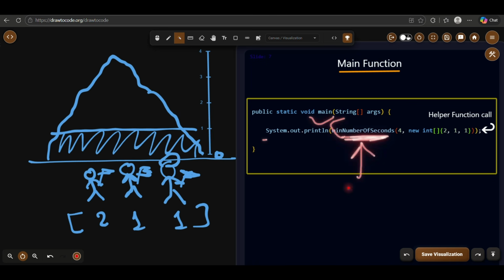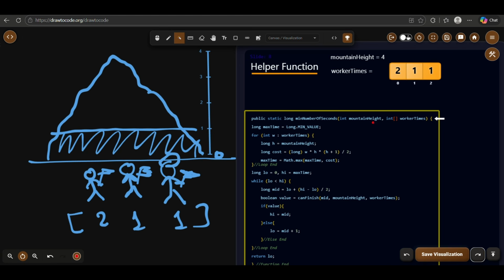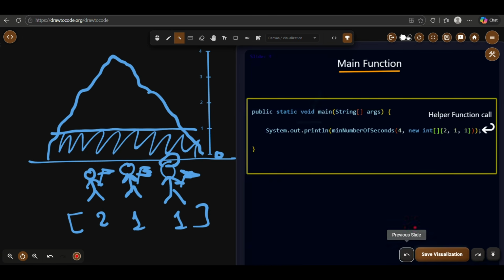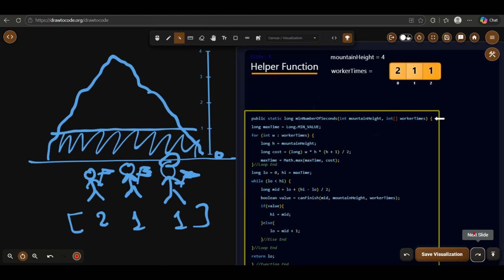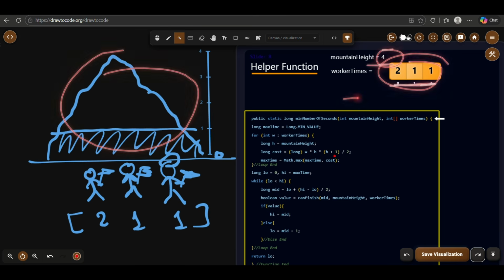This is our aim, to find the minimum number of seconds with the help of mountain height and workers' capacity or worker time, which is the time required to chop 1 unit of height. From the main function we have called this helper function. The worker times given are 1, and the height of the mountain is 4. So this same example is here.